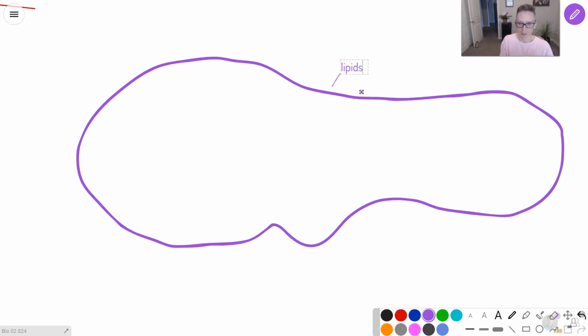You might remember it's made out of phospholipids, which have an amphipathic lifestyle. They like water and they dislike water. They separate the inside of the cell from the outside world.